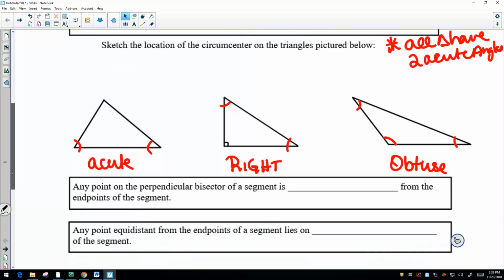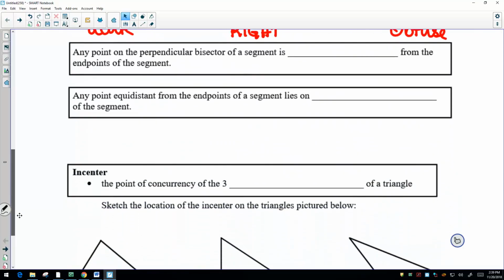Okay, so now something to keep in mind, any point on the perpendicular bisector of a segment is equidistant from the endpoints of the segment.